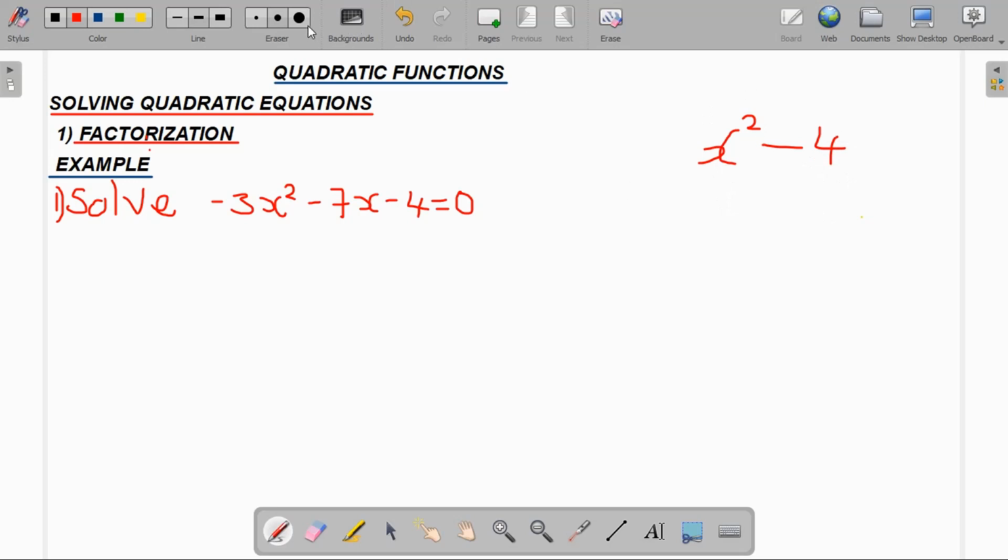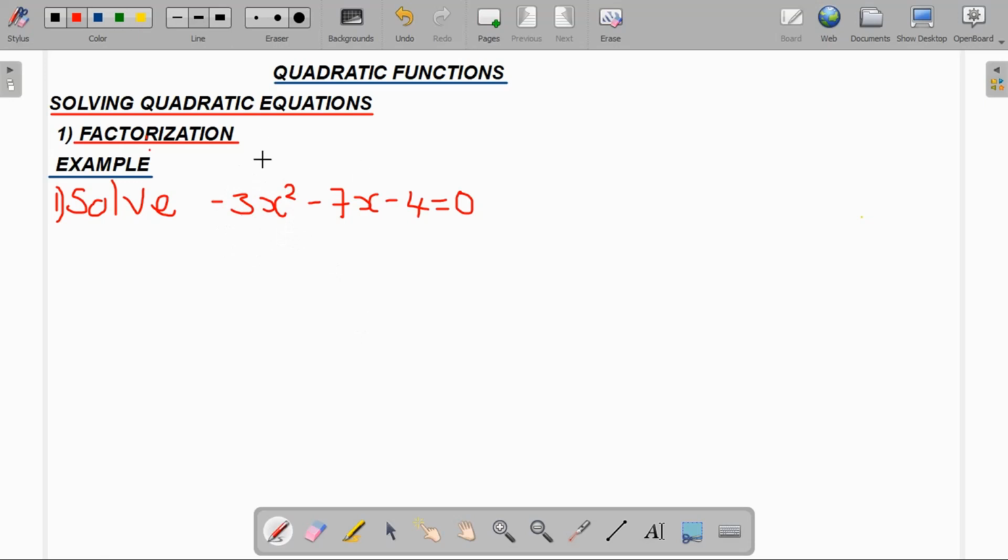Apart from that, today we are talking about quadratic functions. In this quadratic function, you have to know that it's not always that you can use the factorization method in order to solve the function.